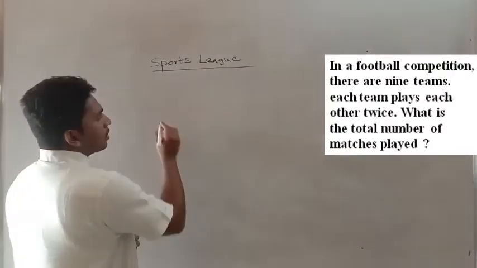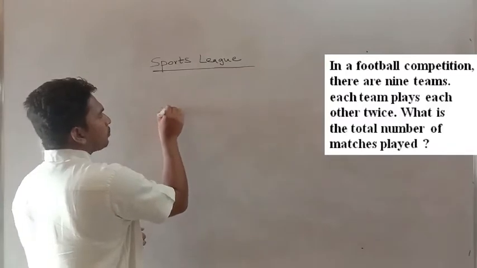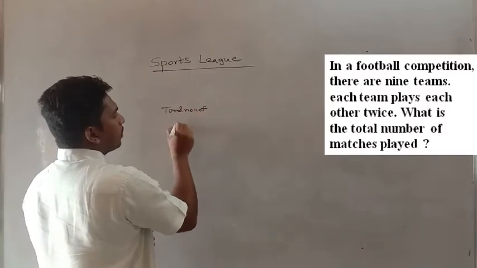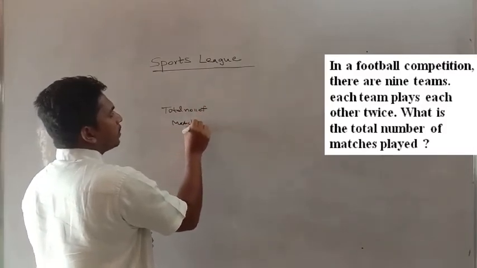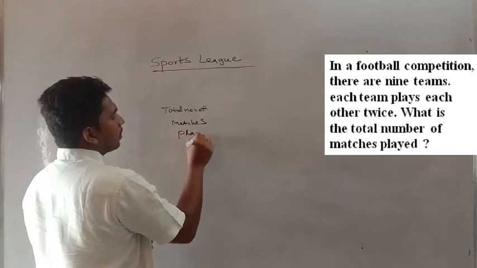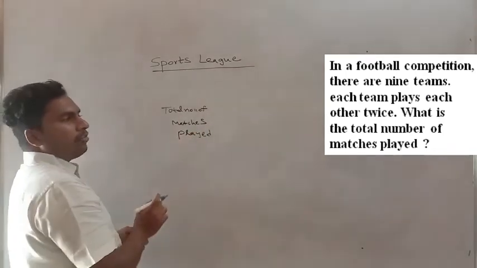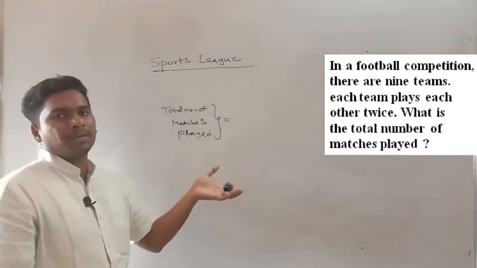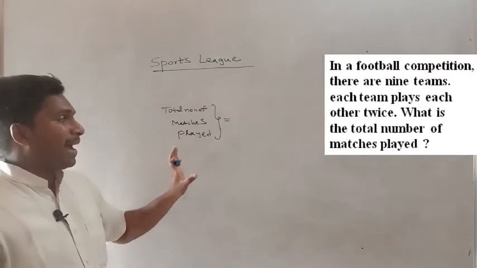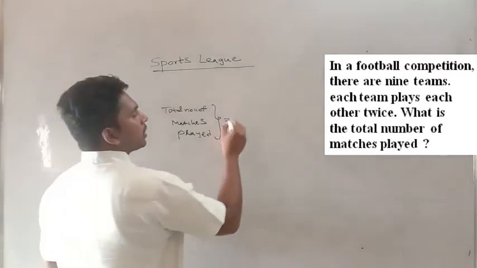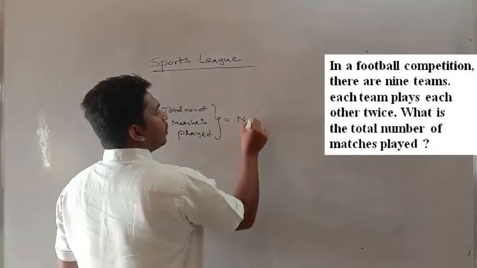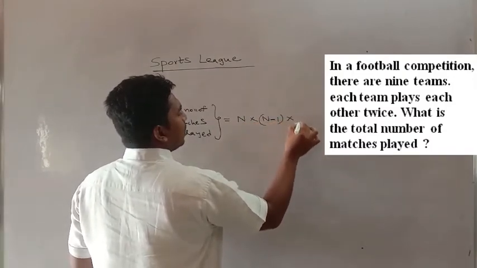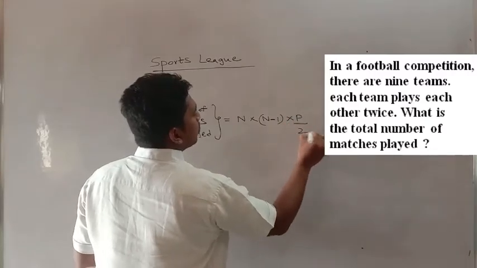The total number of matches played in the league, or in a tournament, is equal to n into n minus 1 into p by 2.